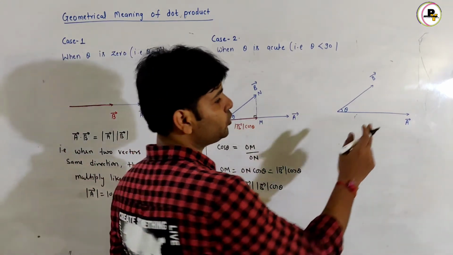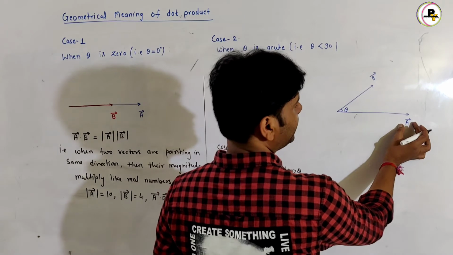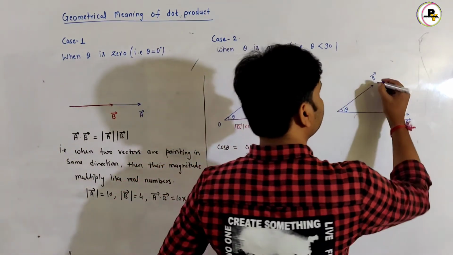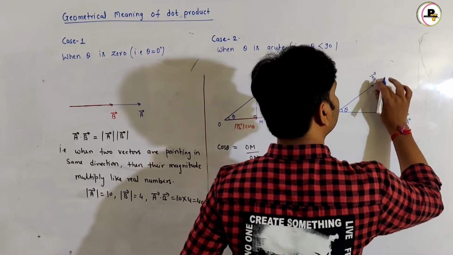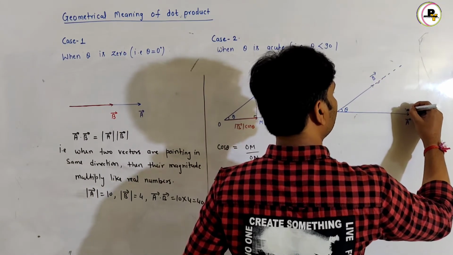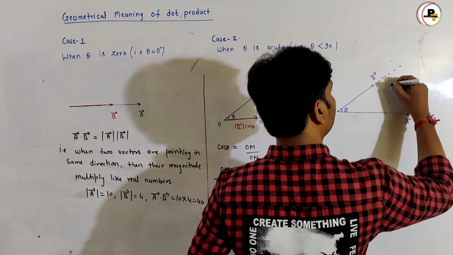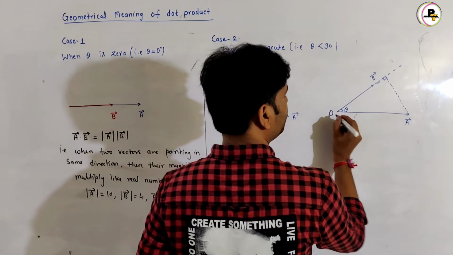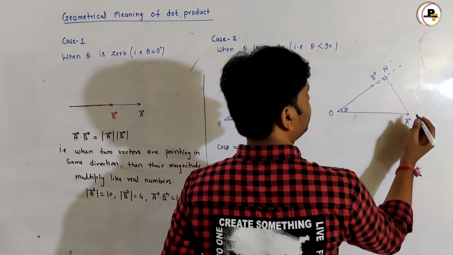Similarly, if I need to find the component of A vector along B vector, then I need to extend this B vector by the dotted line. If I drop the perpendicular from vector A on the extended line, this will be 90 degrees.